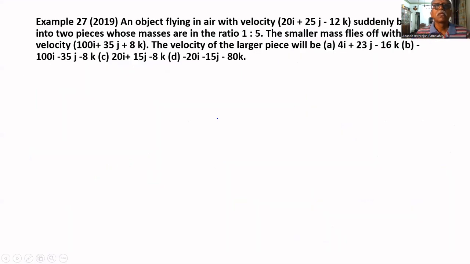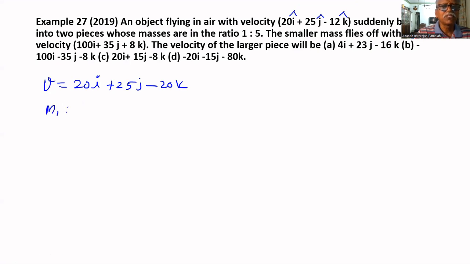An object flying in air with velocity v equal to 20I plus 25J minus 12K suddenly breaks into two pieces with masses in the ratio M1 is to M2 equal to 1 is to 5.